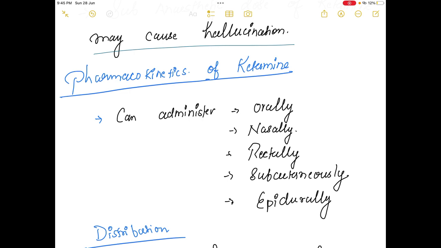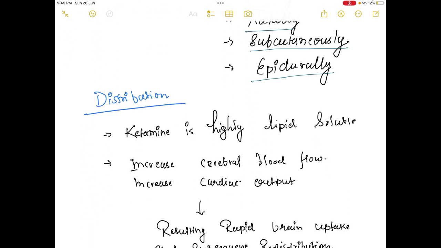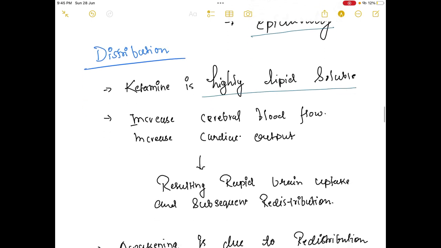Pharmacokinetics of ketamine. The route of administration of ketamine can be oral, nasal, rectal, subcutaneous, or epidural. Distribution of ketamine: ketamine is highly lipid soluble. It increases cerebral blood flow and increases cardiac output.